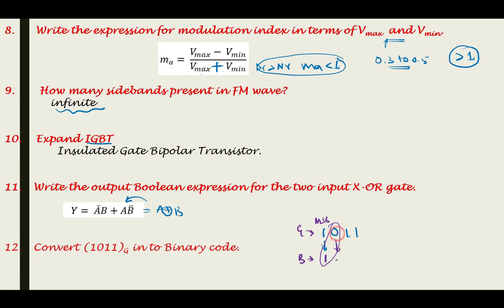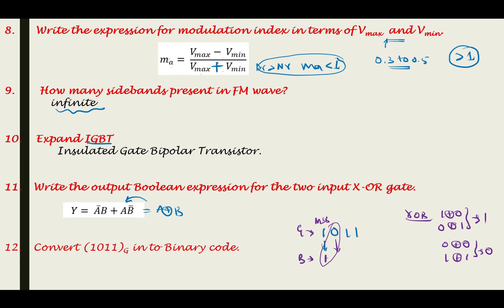XOR means 1 XOR 0 or 0 XOR 1, for these two it will be 1. Or if suppose 0 XOR 0 or 1 XOR 1, the output will be 0. This you need to remember. This is the truth table of the XOR gate.